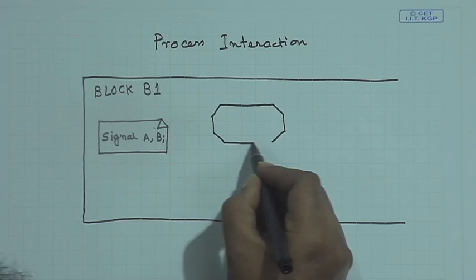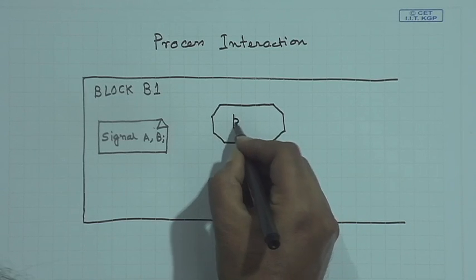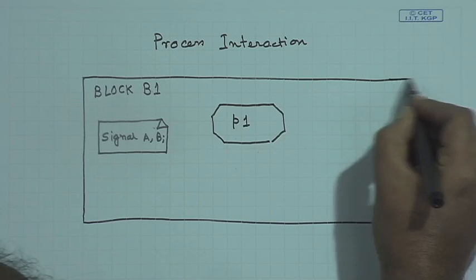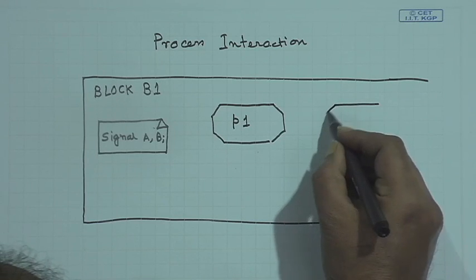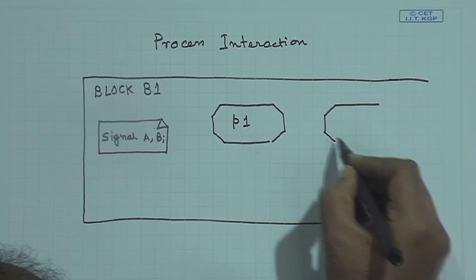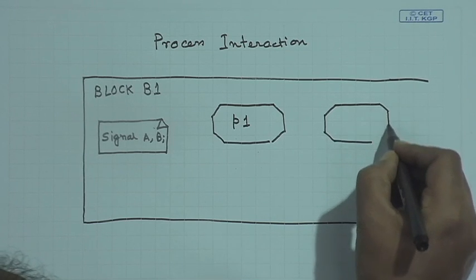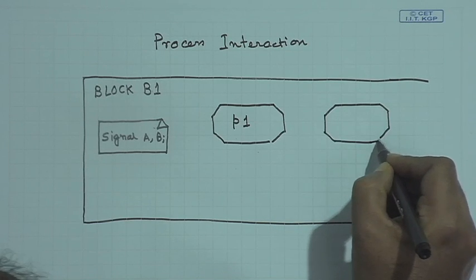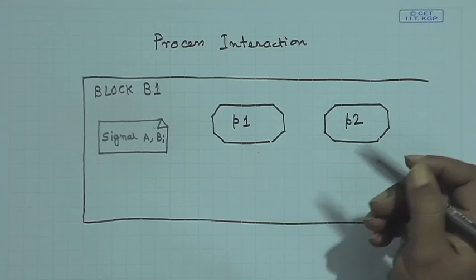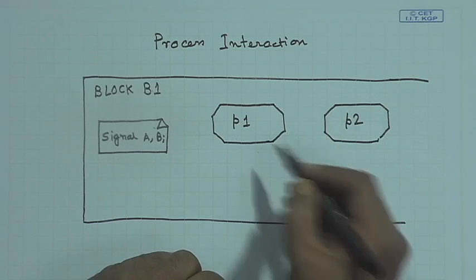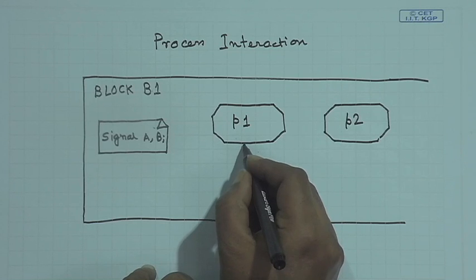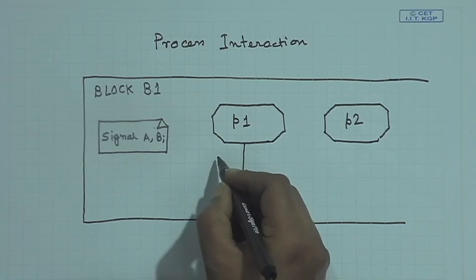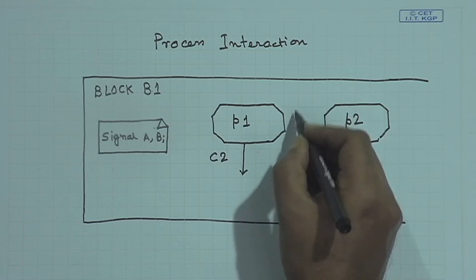Here is one process, let us call it P1, and there is another process, let us call it P2. Now, I have got channels, there are two channels, let us call it channel 2 and let us call this one channel 1.